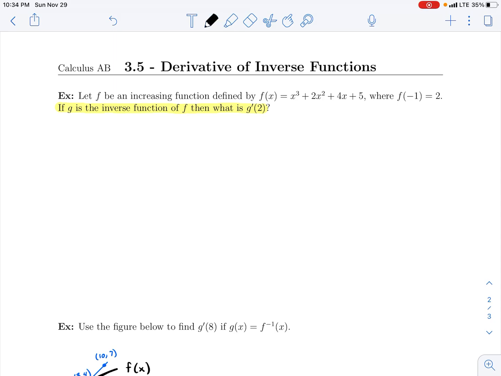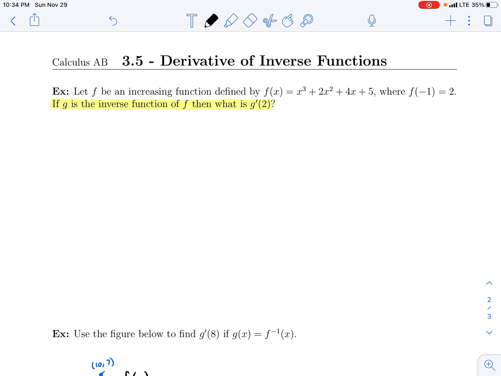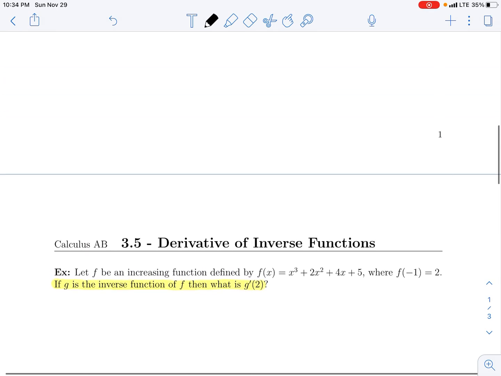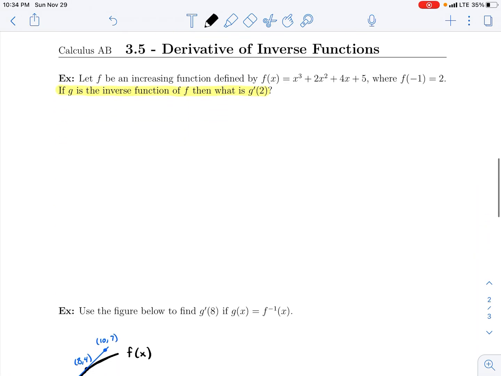Alright, and so g prime of 2, if we go back up to our definition here, well, g prime of 2 is just going to be the same thing as the derivative of f inverse of 2, okay? Because again, g is the inverse function of f.